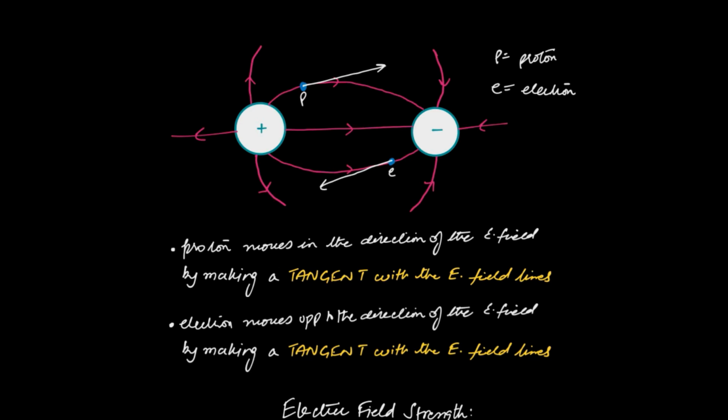Why? Because a proton is positively charged. It would be repelled by the positive charge, and this is the reason why it goes towards the negative charge, in the direction of the electric field.